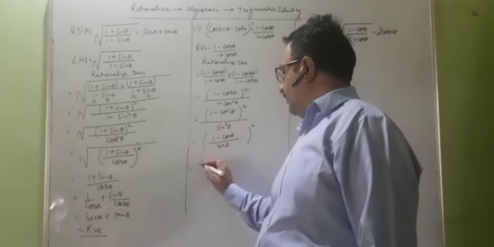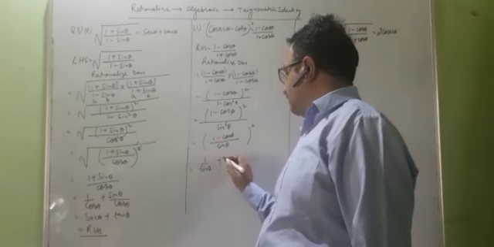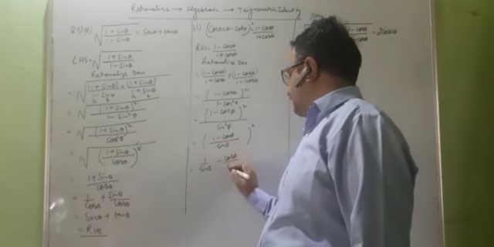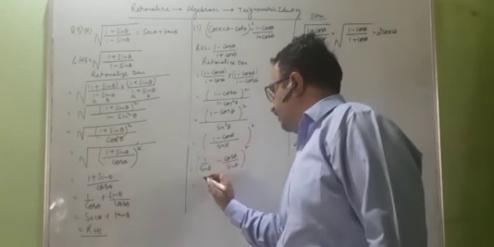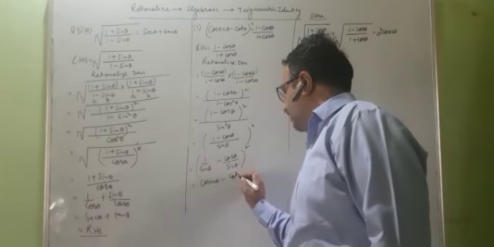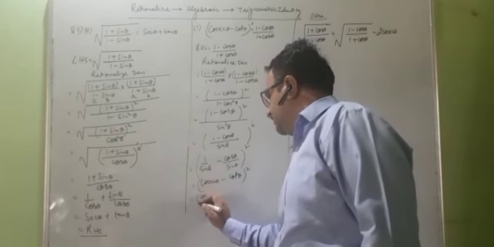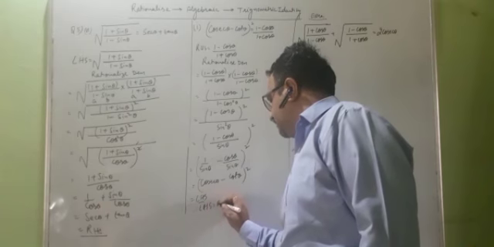So 1 upon sine theta minus cos theta upon sine theta whole square. So 1 upon sine theta is cosec theta, minus cot theta whole square, which is equal to LHS. So therefore LHS is equal to RHS.